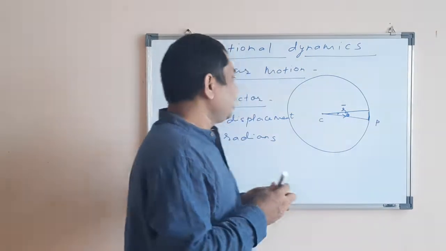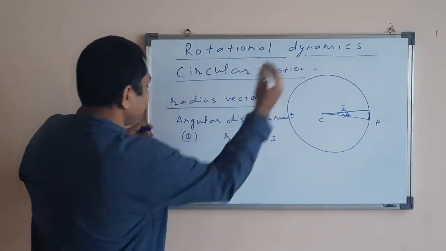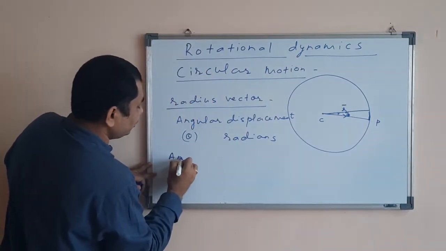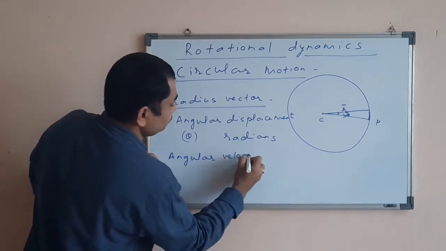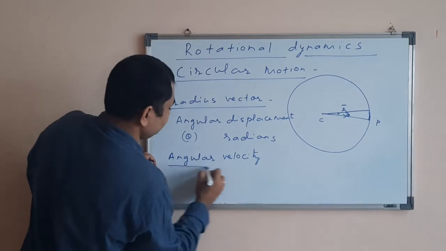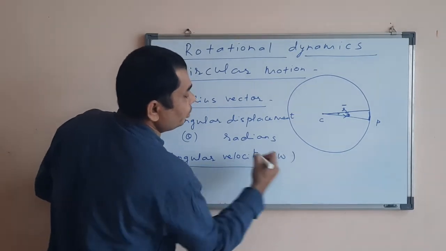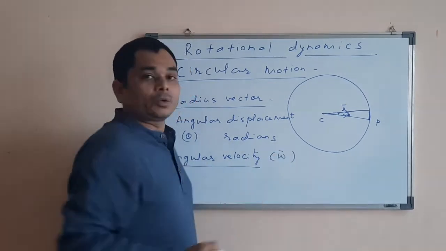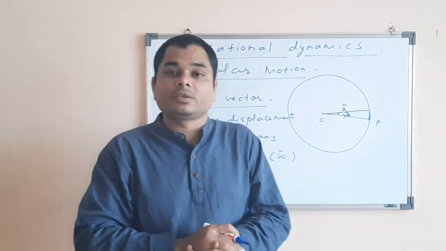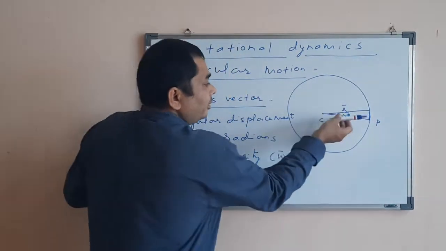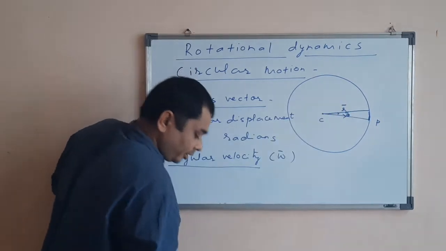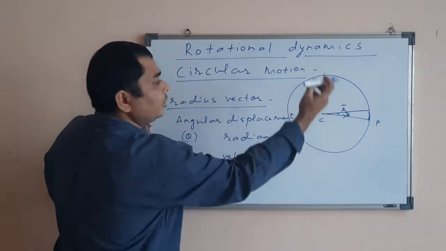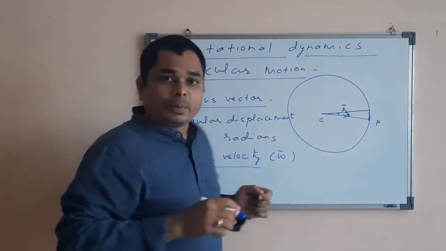Then the next thing that we will discuss is angular velocity. This is represented by omega. This is also a vector quantity. What is angular velocity? See, this particle while performing circular motion can move with varying speeds.